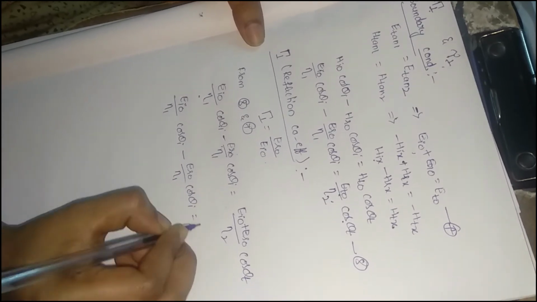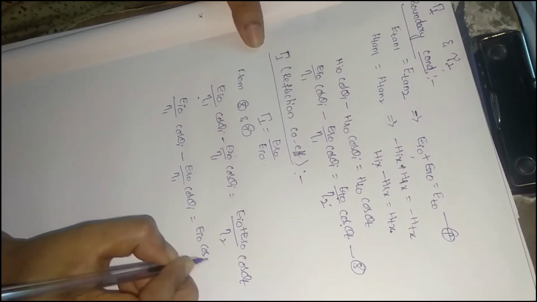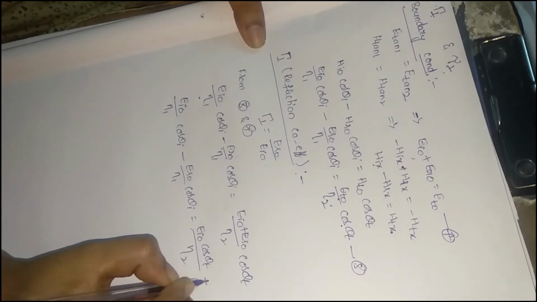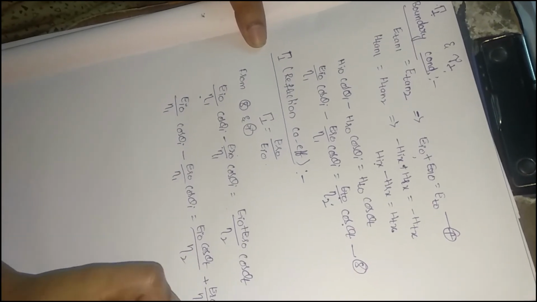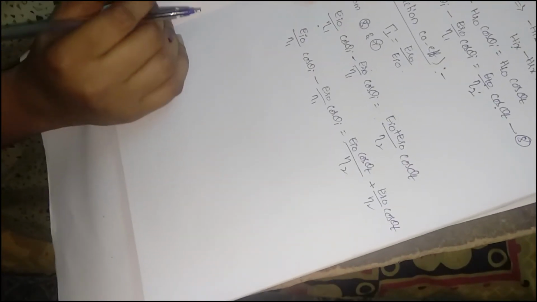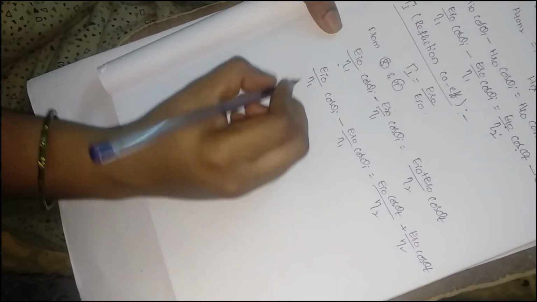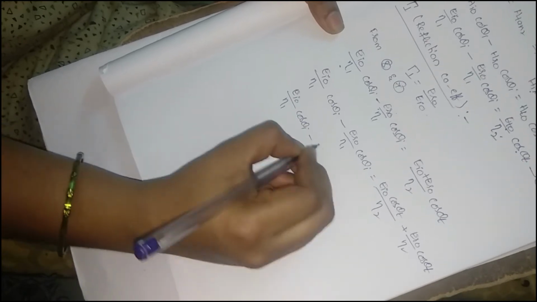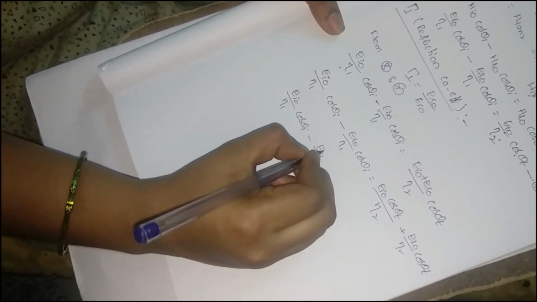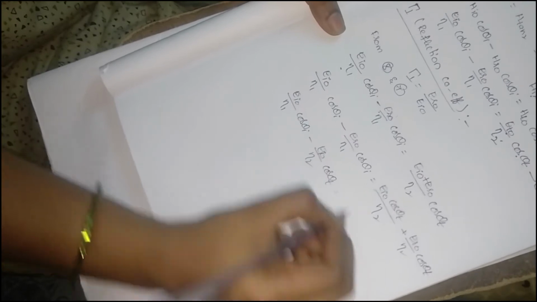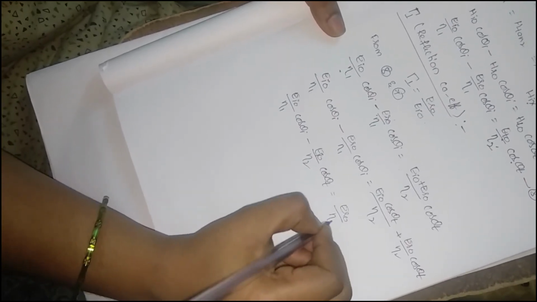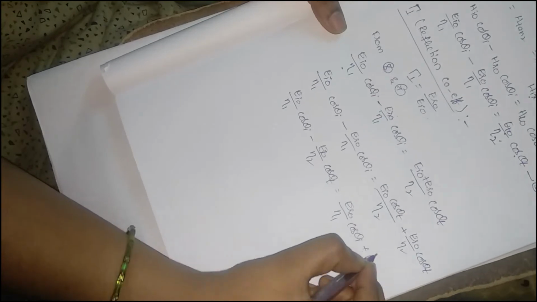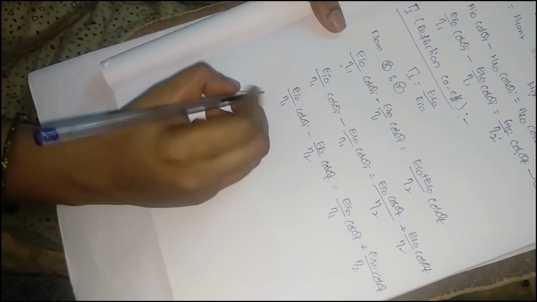So EI naught divided by eta 1 cos theta I minus EI naught divided by eta 2 cos theta t is equal to ER naught divided by eta 1 cos theta I plus ER naught divided by eta 2 cos theta t.